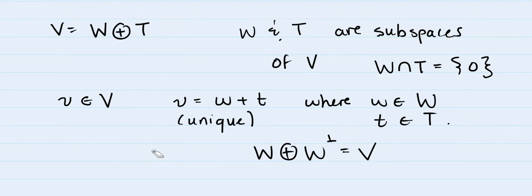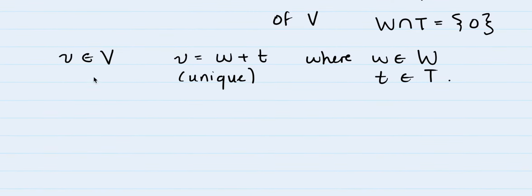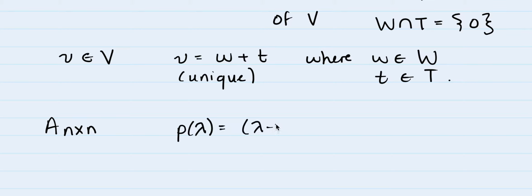I want to bring this in to eigenvalues and eigenvectors. So we mentioned that if we have a matrix A that's n by n, and we have eigenvalues, so the characteristic polynomial looks something like this.